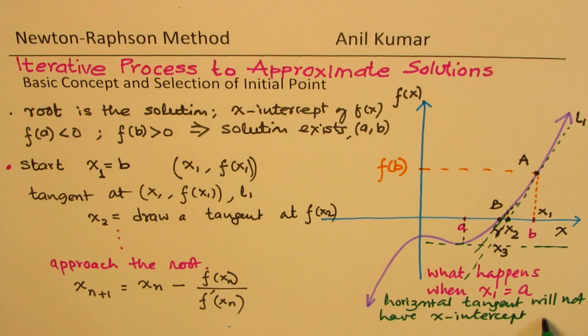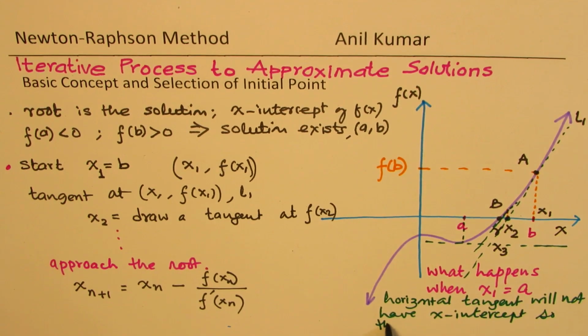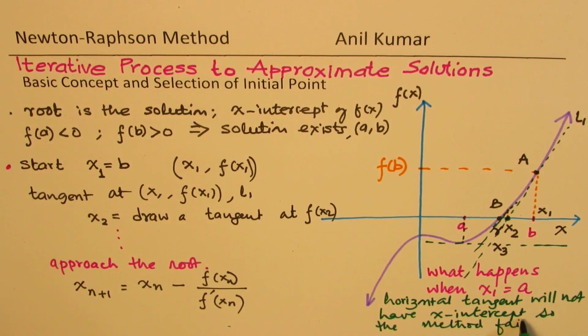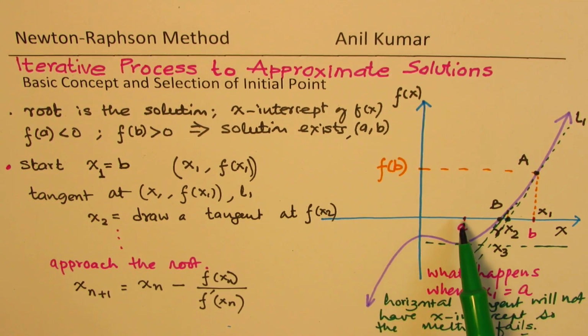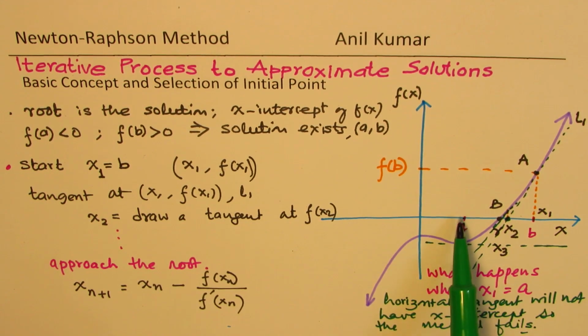And so the method fails. Do you see that? So if you select A in this particular example, you might land up in a situation where you do not have the correct result. You get the idea, right?